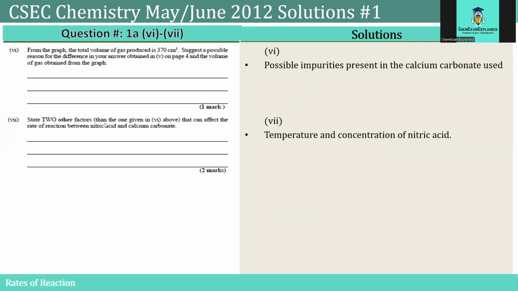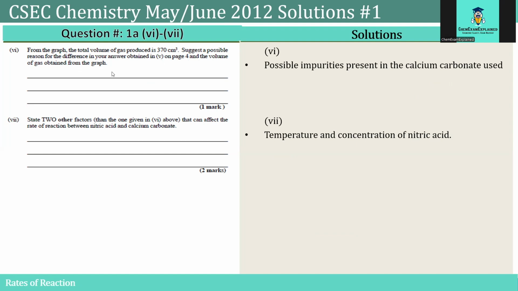1A, part 6 and 7. Let's look at part 6. From the graph, the total volume of gas produced is 370 centimeters cubed. Suggest a possible reason for the difference in your answer obtained in part 5 on page 4 and the volume of gas obtained from the graph.